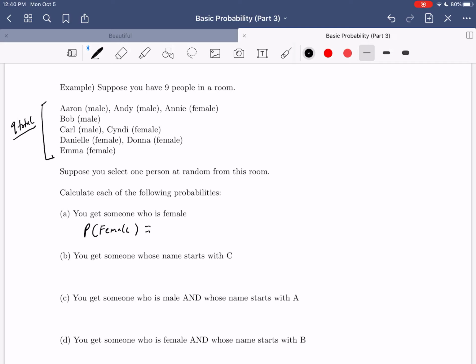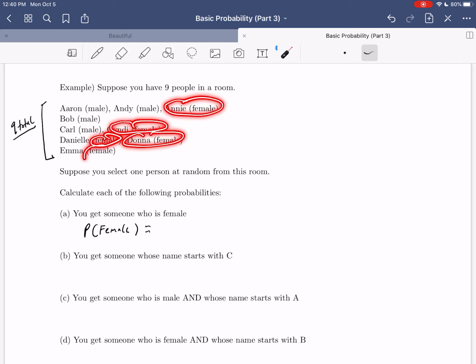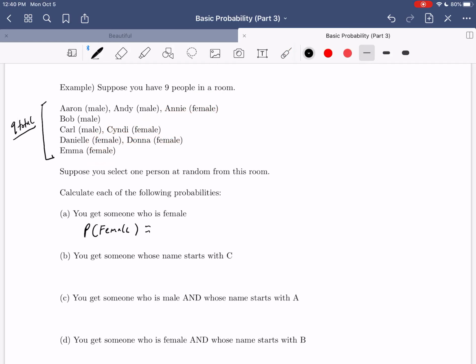We can just calculate this. Well, we'd figure out how many outcomes satisfy being female. There would be 1, 2, 3, 4, and 5. So there's 5 outcomes that satisfy the event of being female out of 9 total outcomes in the sample space. So this probability would be 5 out of 9.